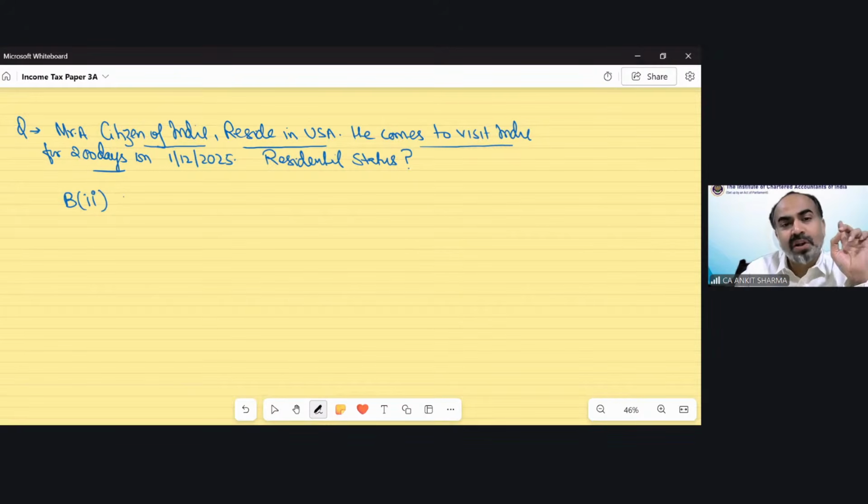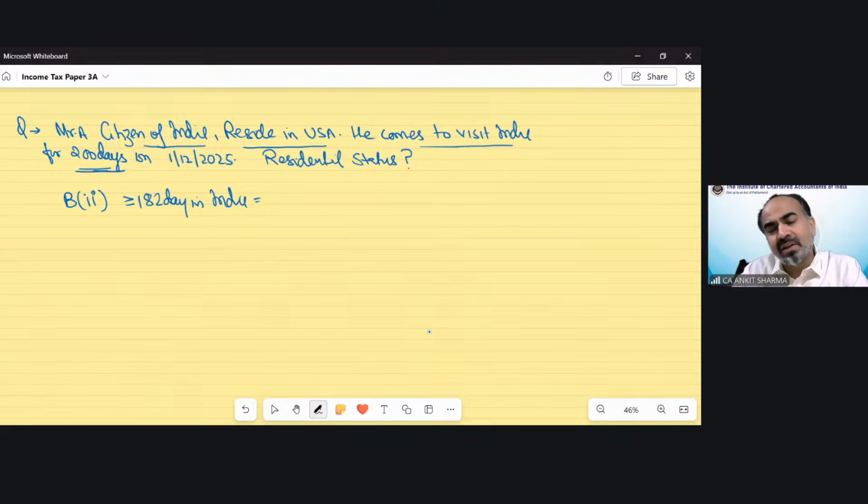So only one condition would be there: more than or equal to 182 days in India, then resident, otherwise non-resident. The question says that he is in India for 200 days, so that means he should be a resident, but that is not correct. The correct answer is non-resident.